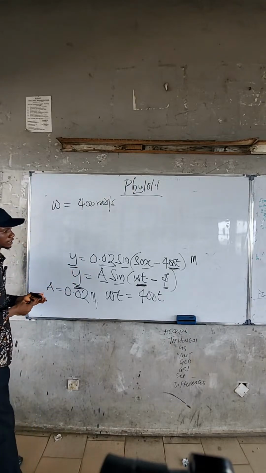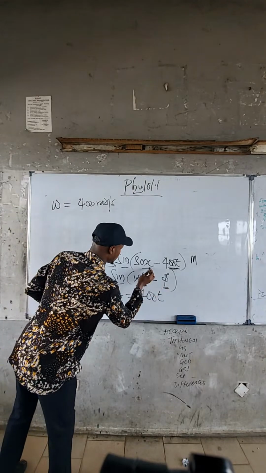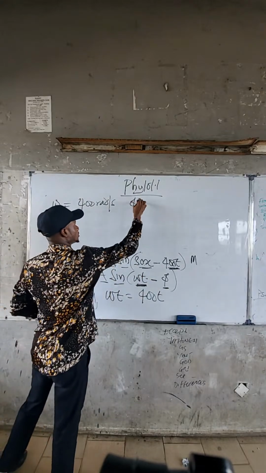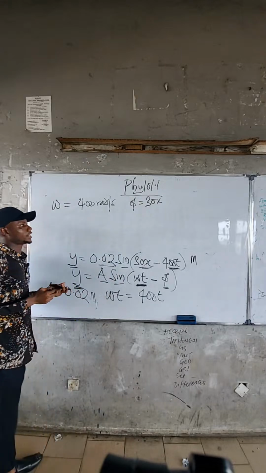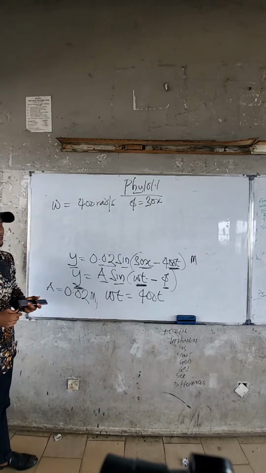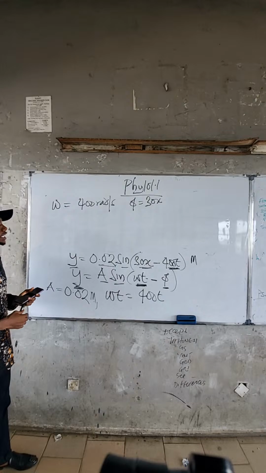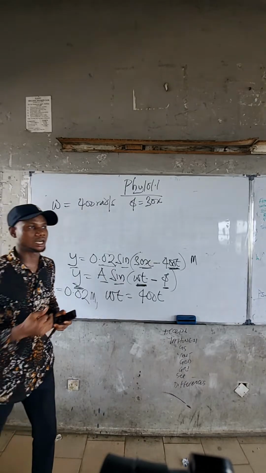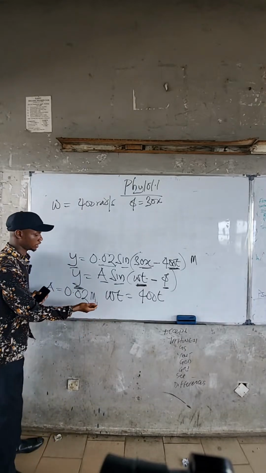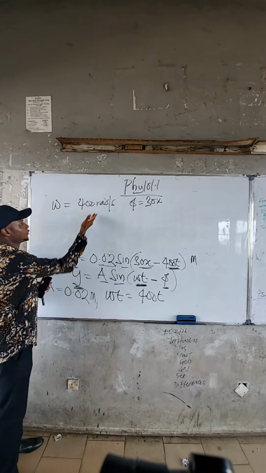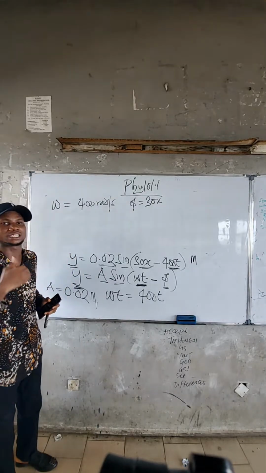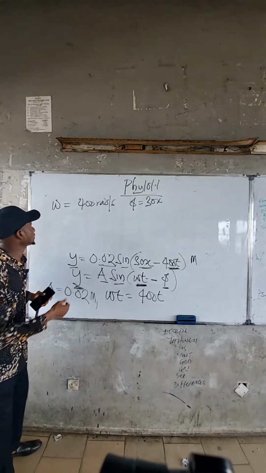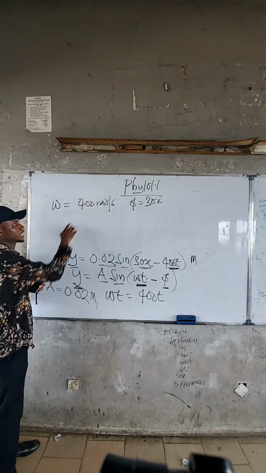Now the next thing to compare is this to this. That is our phi, which is 30x. But our intention here is to calculate the frequency. How do we calculate frequency here, class? We ask ourselves, which of the parameters given to us, maybe amplitude, angular frequency or phase angle, is related to frequency? The parameter related to frequency is the angular frequency.